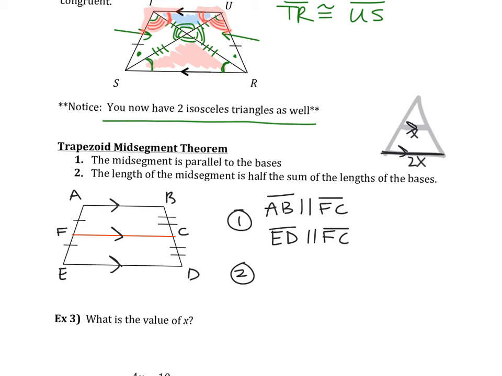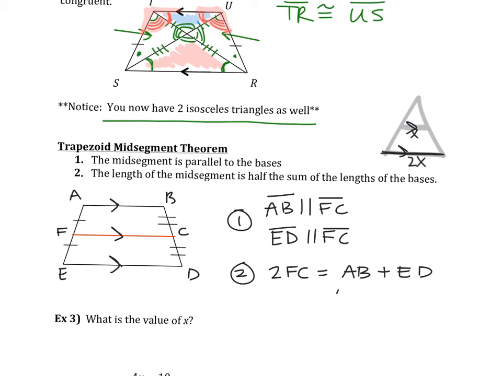You can either double the mid-segment. This is not the way the theorem's worded, but I feel like this is the way people end up doing it a lot of the time. So I'm going to write it both ways for you. You don't have to do both. It's one or the other. You can either double FC, and it will equal AB plus ED.